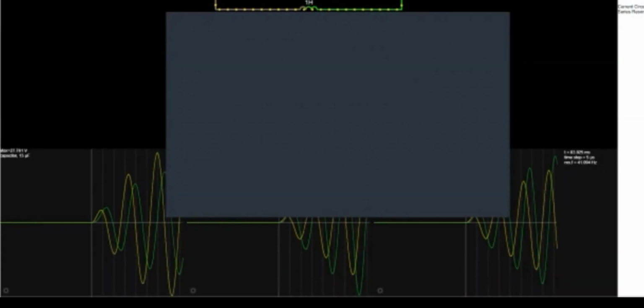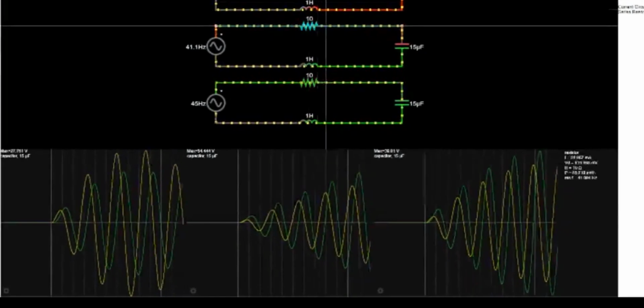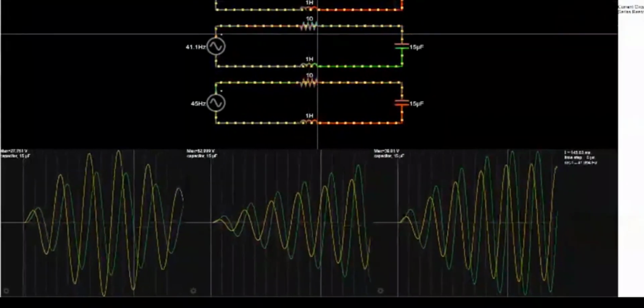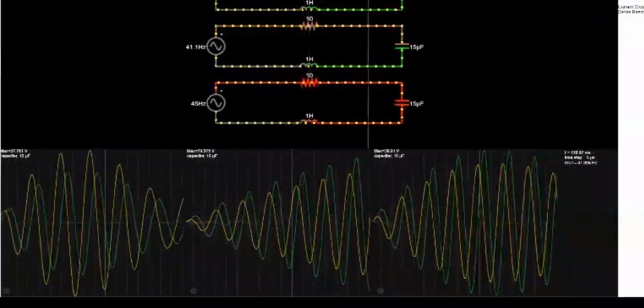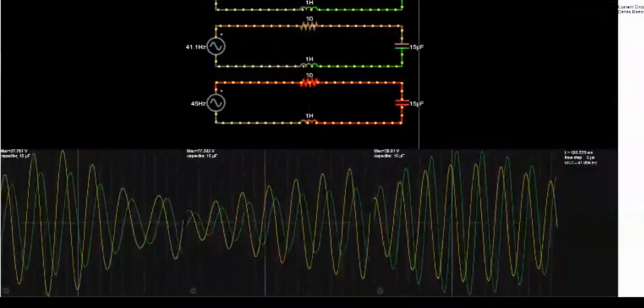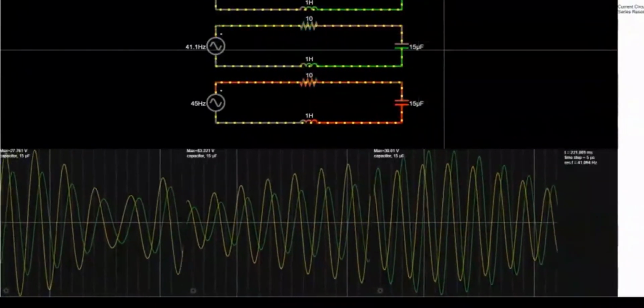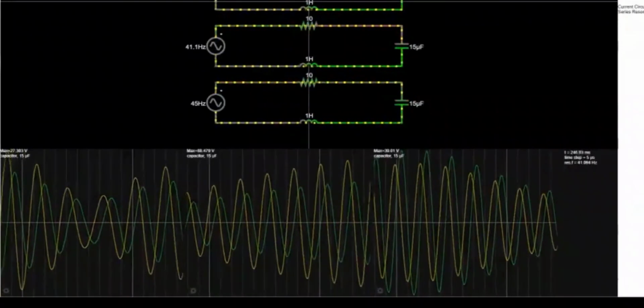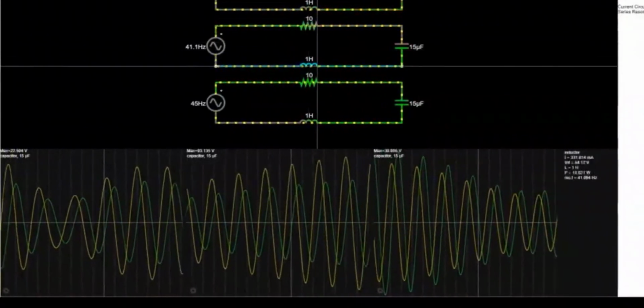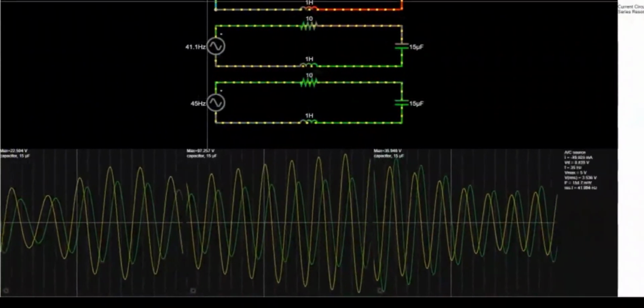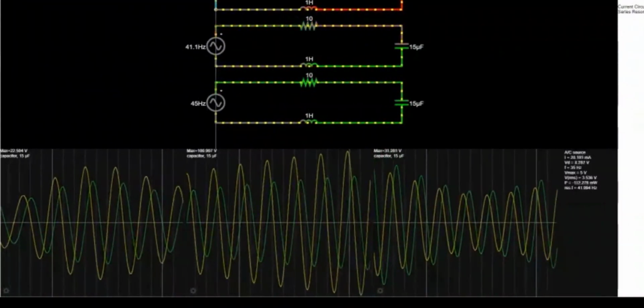Let's talk about this. So 3 RLC circuits, 10 ohm resistor in all 3 cases, 15 microfarad capacitor in all 3 cases, a 1 Henry inductor in all 3 cases. Let's look at the power supply.